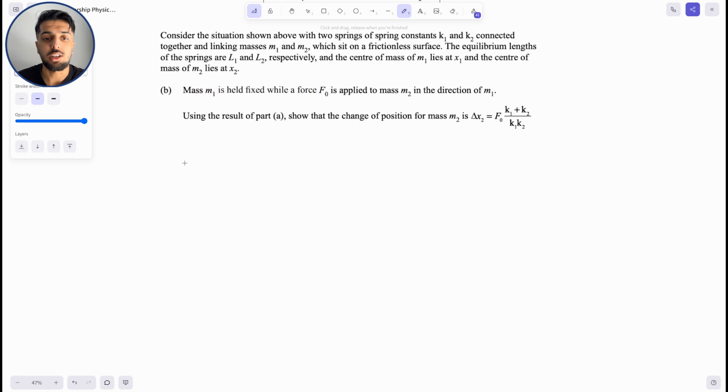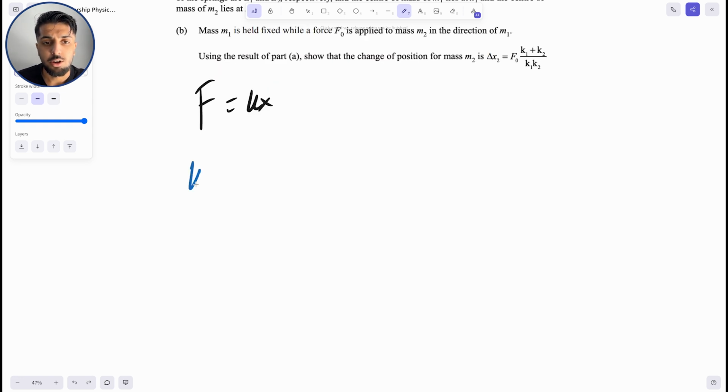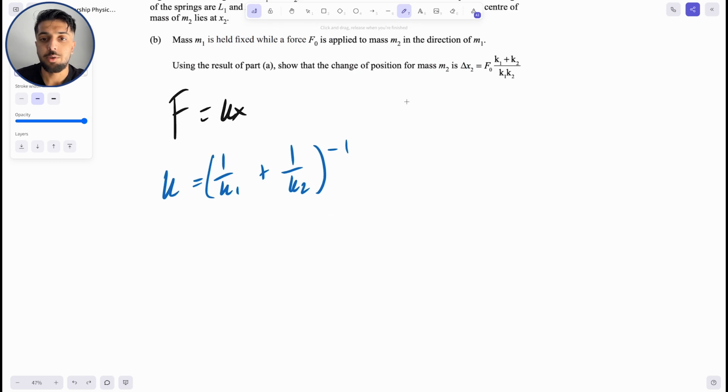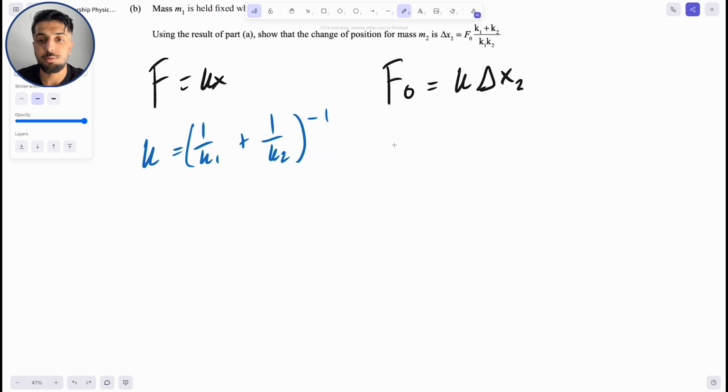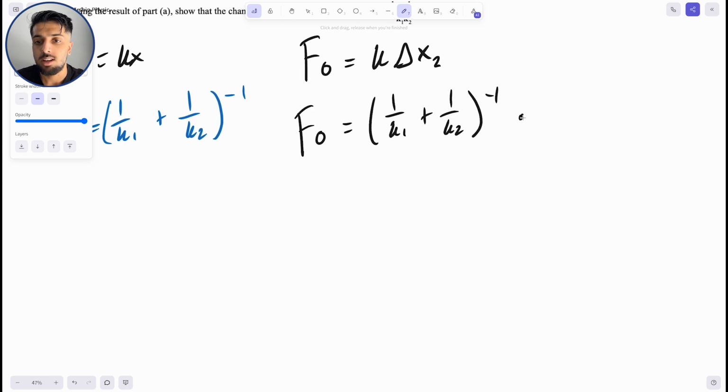Okay, so again, we know our F is equal to Kx, and from part A, we know our K is equal to 1 over K1 plus 1 over K2, and that is all to the inverse, right? So we know our F0 is equal to K delta x2. Plugging in this K value here, we get F0 is equal to 1 over K1 plus 1 over K2 to the minus 1 times delta x2.